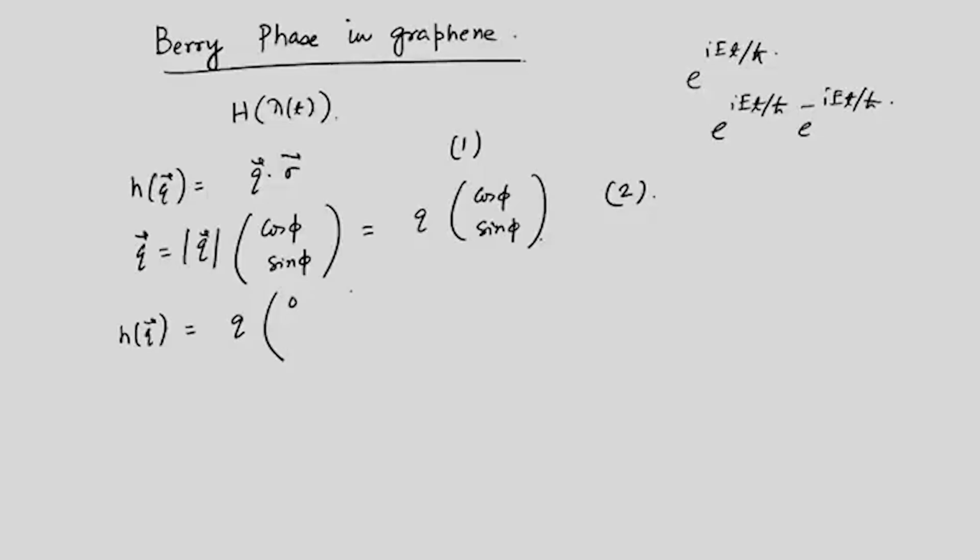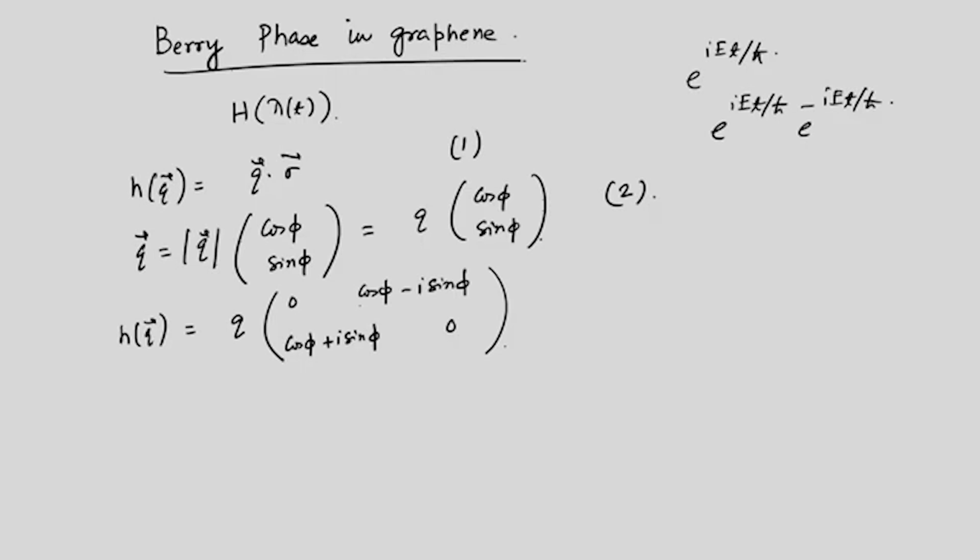This is cos phi minus i sin phi, the first term coming from sigma x and the second term coming from sigma y, and cos phi plus i sin phi and a 0. So this is the Hamiltonian. It is a 2 by 2 Hamiltonian, very easy to solve. You can just solve it by putting the determinant equal to 0 and finding the eigenvalues and the eigenfunctions.